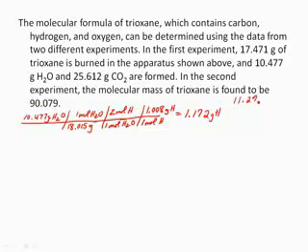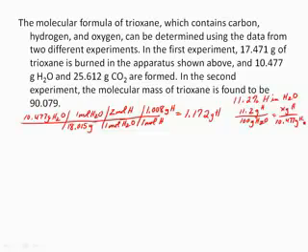11.2% hydrogen in water. So the other way that I could calculate this is if I have 11.2 grams of hydrogen in 100 grams of water, then I have X grams of hydrogen in 10.477 grams of water.